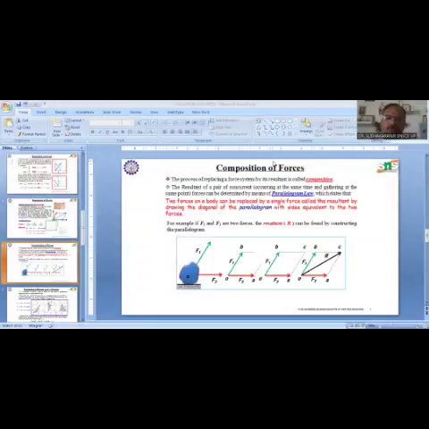So the resultant of a pair of concurrent forces can be determined by use of the parallelogram law, which states that if there are two forces acting on a particle and if it needs to be replaced by a single force called the resultant, it can be done by constructing a parallelogram with the two forces as the sides of the parallelogram. Then the diagonal of the parallelogram will be representing the resultant of the two forces.